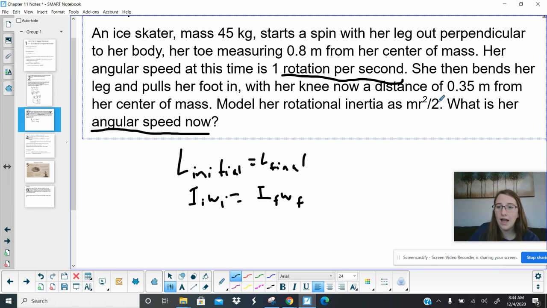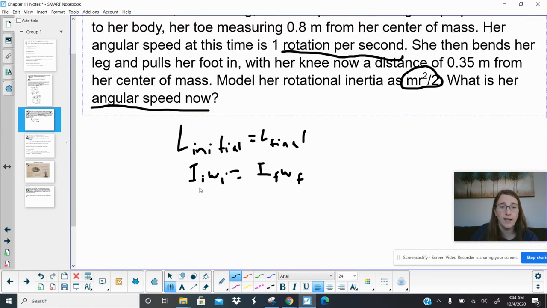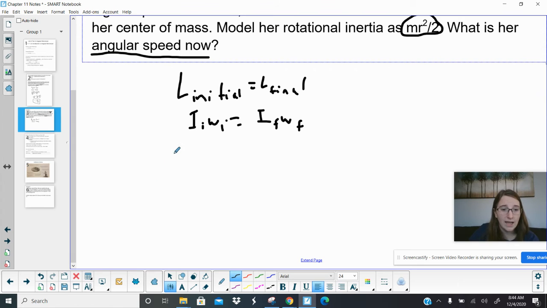And again, we also have a formula for her rotational inertia. So once more, I am going to write this one more time. We have her mass, which does not change, but we do have an initial radius because that changes, right? Anything that doesn't change, we can't give an initial and a final.